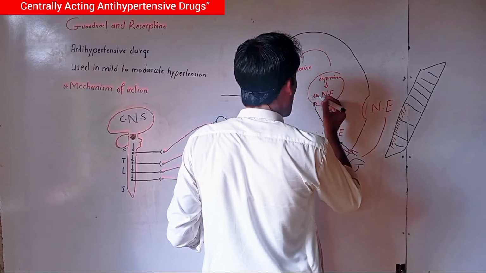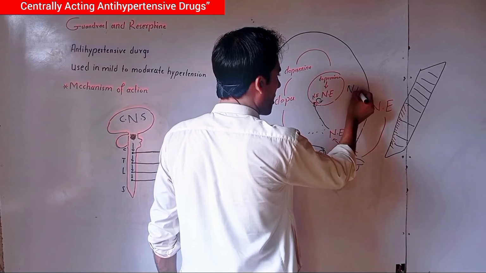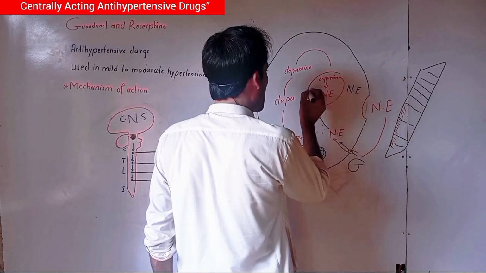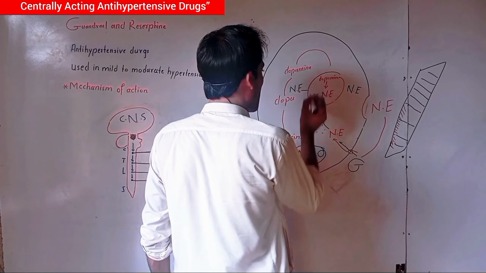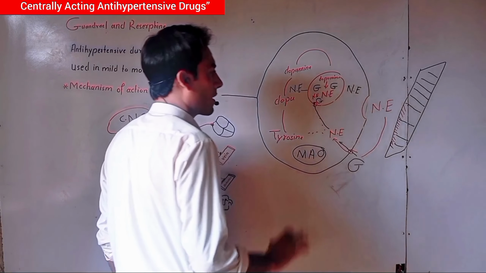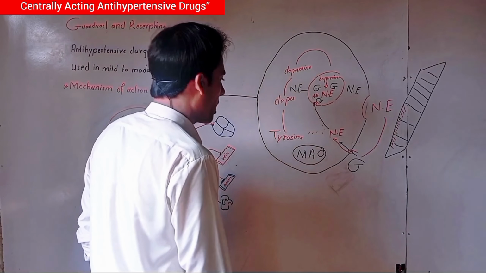When guanethidine enters the vesicle, it pushes out norepinephrine, and the vesicle becomes full of guanethidine.